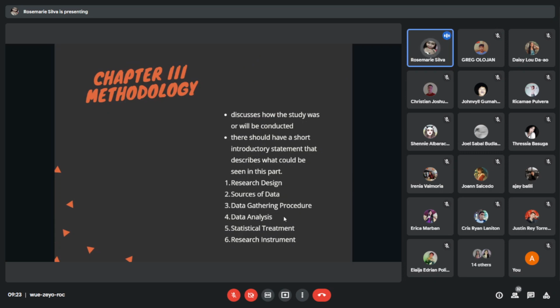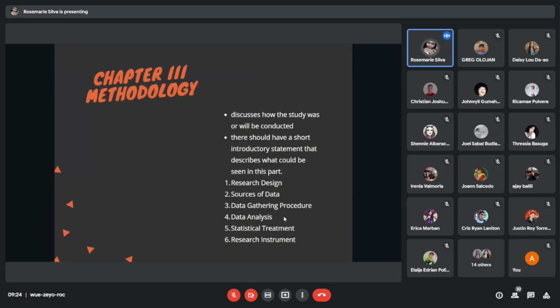When you borrow a particular research instrument from other sources, you must ask permission and write a letter to whoever is the author of the research instrument. That is why by next week we will start on your RRL, so we can go straight to the methodology and you can decide on your research instrument.